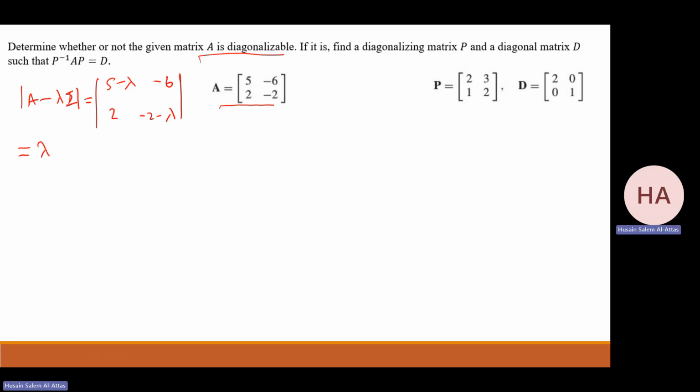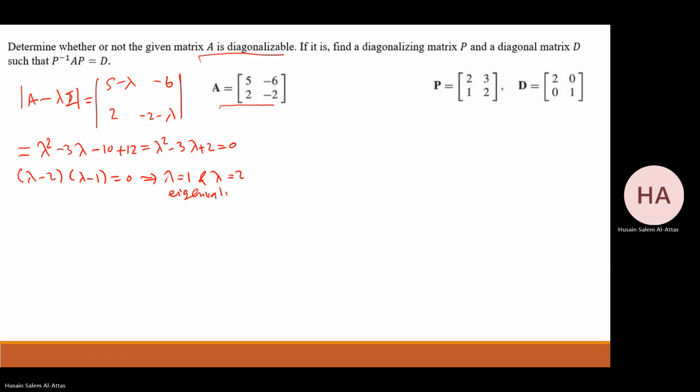Do the calculation, lambda square minus 3 lambda minus 10 plus 12, that will be lambda square minus 3 lambda plus 2. So I have lambda minus 2, lambda minus 1 equals 0. So I have lambda equal 1 and lambda equal 2. These are the eigenvalues. They are distinct.